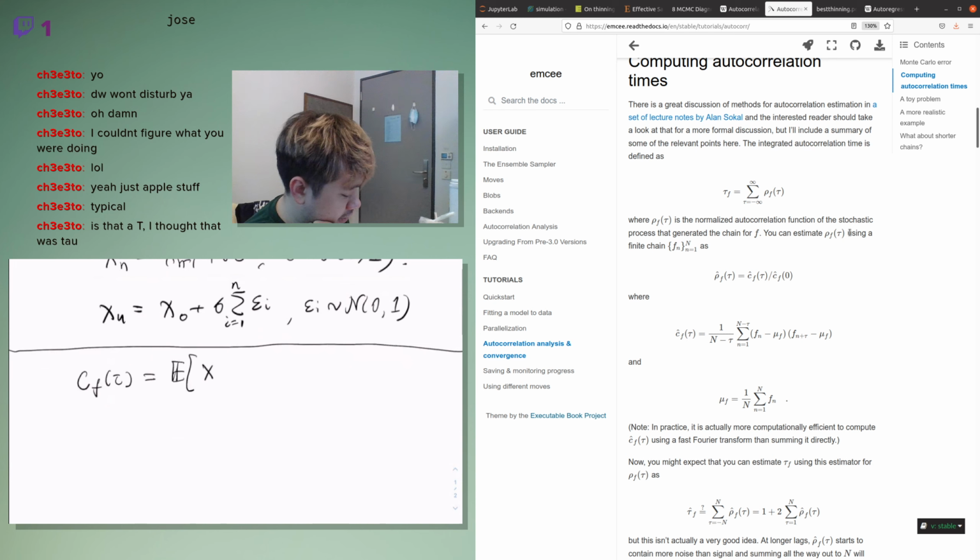So if I have a chain like this, I'm taking a sample here and then I'm taking one here, so there's a gap here.